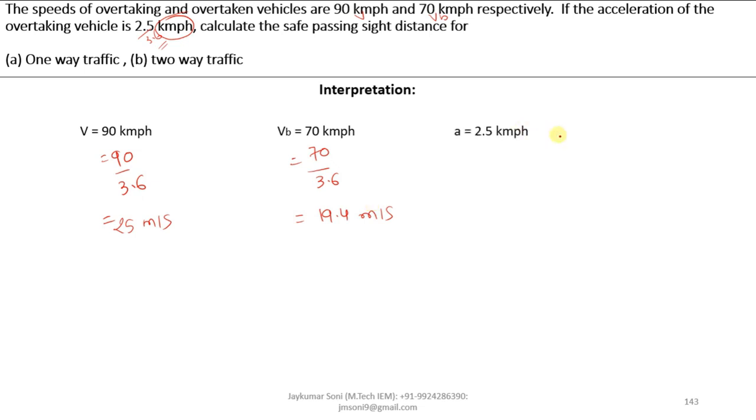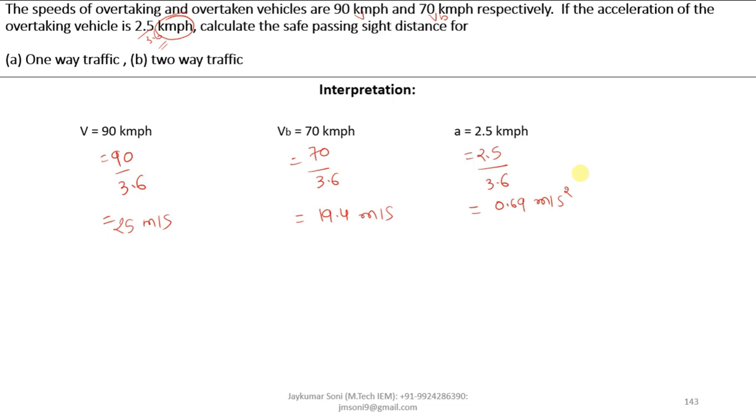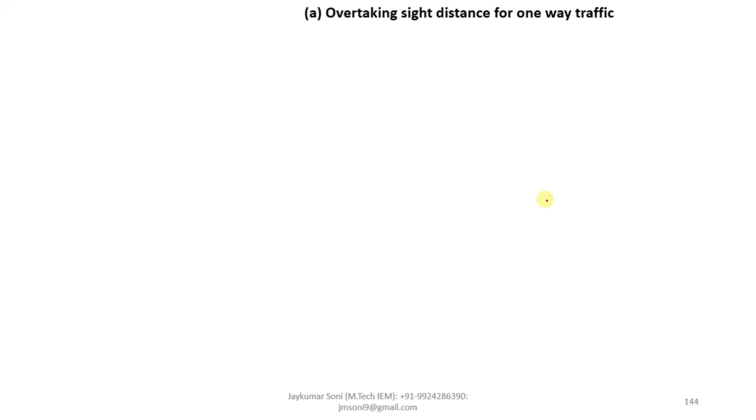The third is a, 2.5 kmph, so we need to convert this into meter per second, and ultimately it is 0.69 meter per second square. All other values we will try to assume. We have calculated the overtaking speed, overtaken speed and acceleration. Now calculate the overtaking sight distance as per one-way traffic.